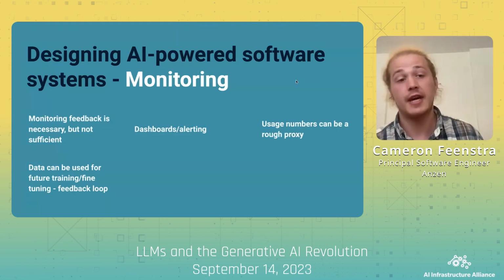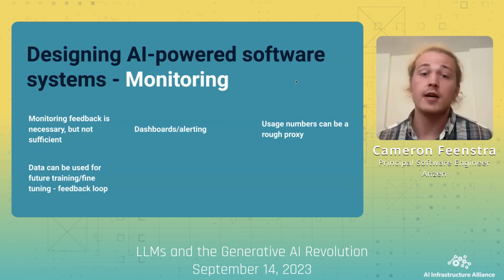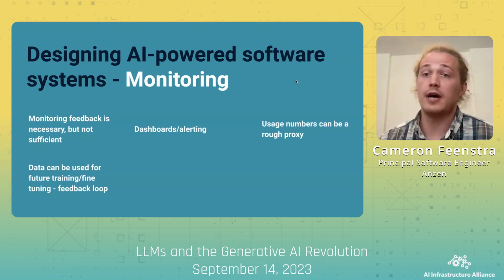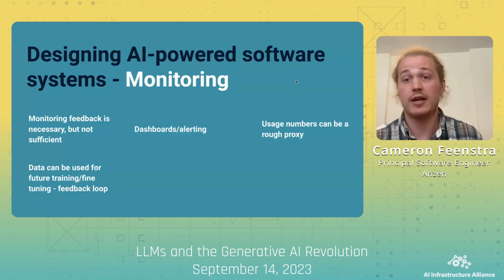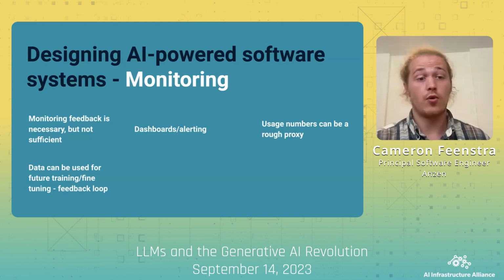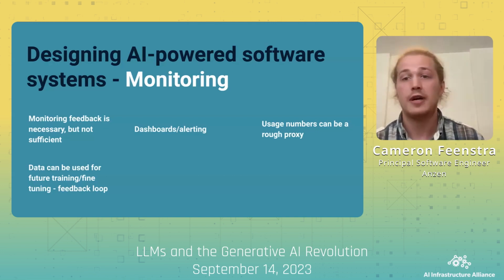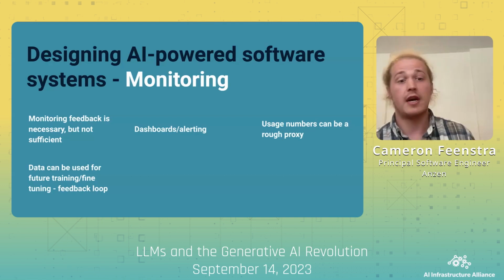Now, aside from monitoring feedback, you should also have other robust monitoring systems around your product that go beyond feedback. Monitoring your feedback is great, but you should also be monitoring things like performance.